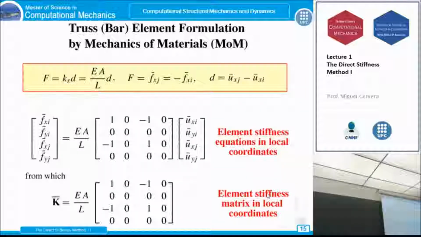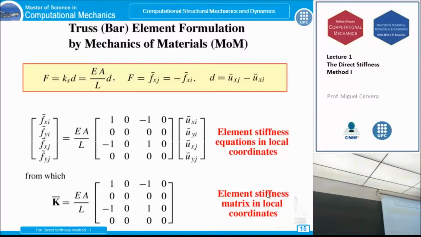And that's equilibrium for you. So here, in yellow, we have linear behavior, Hooke, we have equilibrium, and we have compatibility.